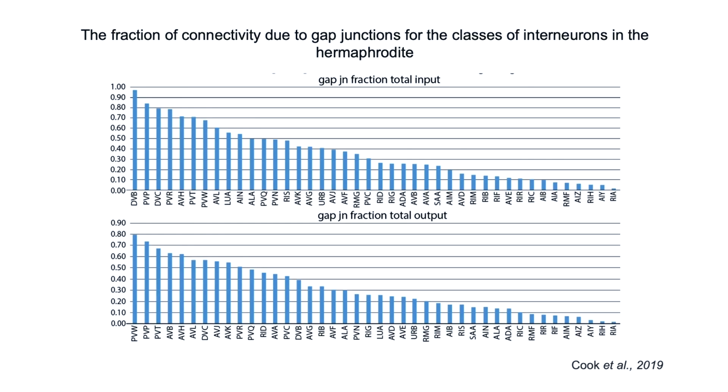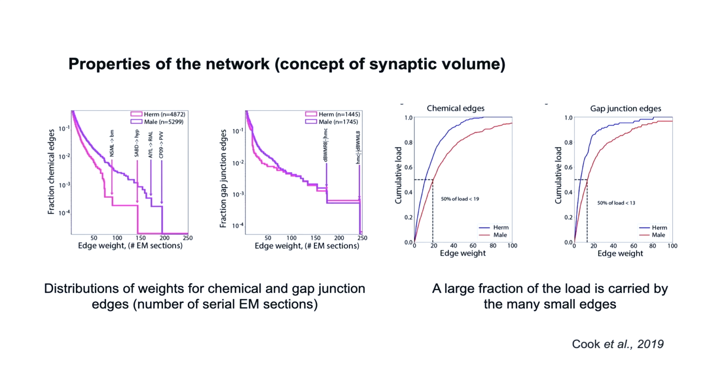So if you look at the gap junctions, there is an incredible amount of diversity in terms of how big or how small they can be. But if you look at this graph, the majority of the weight of the connection is carried by synapses that are smaller.